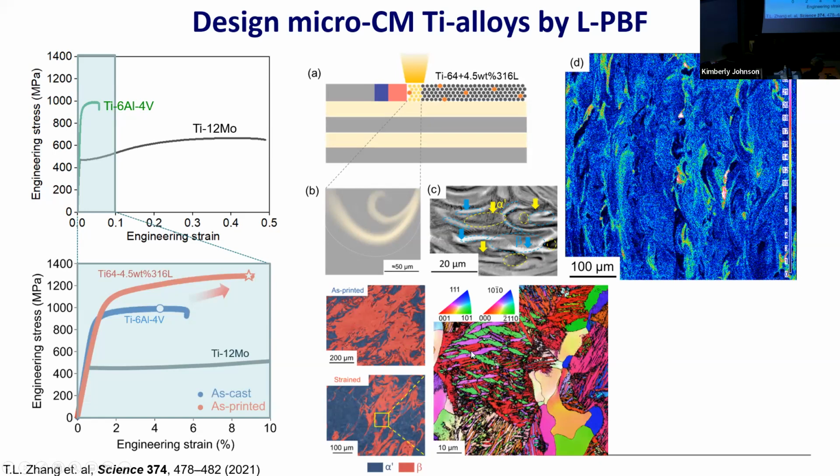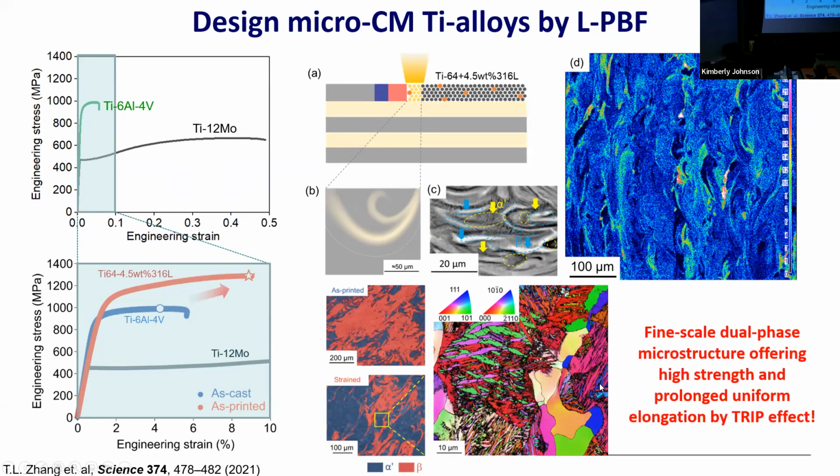So in this case, by making the concentration modulation in space, you can create a very fine scale dual phase microstructure. And because of the metastability of the beta phase, which can continuously transform to martensite during deformation, you get a strong TRIP effect, which increases the work hardening and uniform elongation.